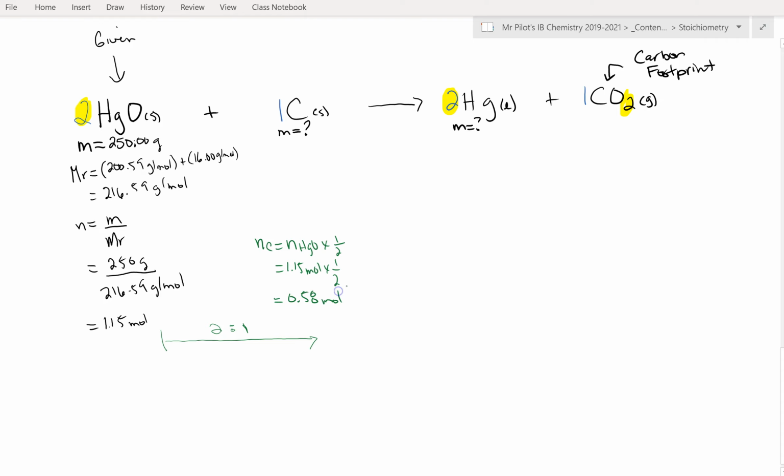moles. Alright, so I now know my number of moles, and my molar mass of carbon is 12.01 grams per mole. So I know my molar mass and I know my moles. If you're an algebra person, I'll write the formula out. Moles is equal to mass over molar mass.